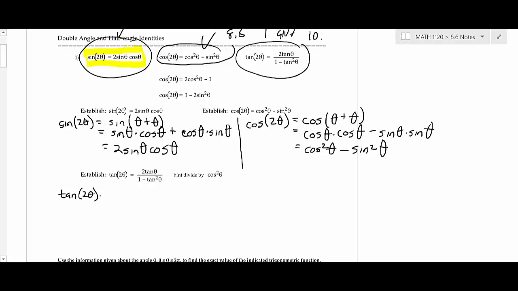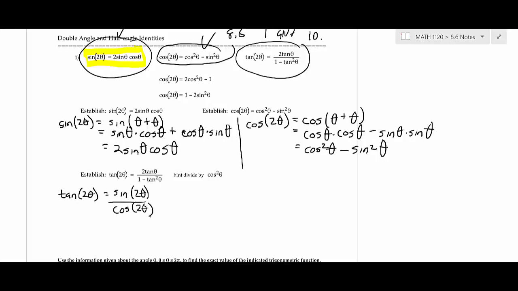Now you could do theta plus theta, or you could just do sine over cosine. It wouldn't matter. I'm just going to do sine of 2 theta over cosine of 2 theta. I'm going to start that way, and then I'm going to use the identities that I already know.